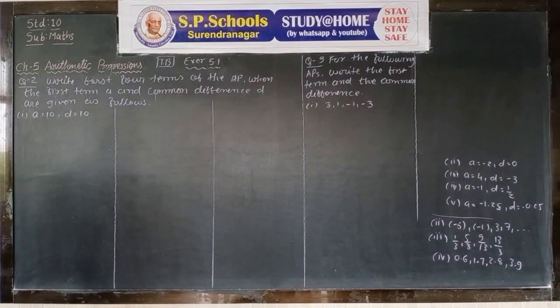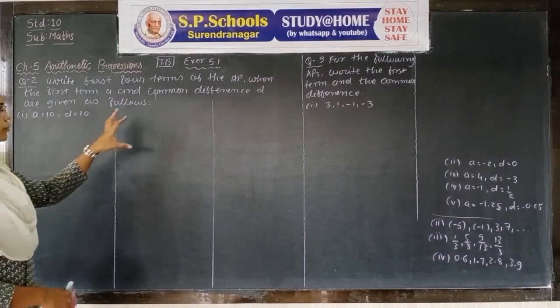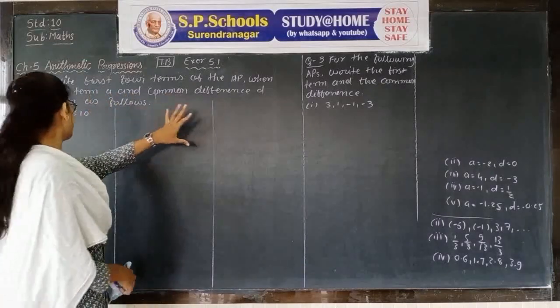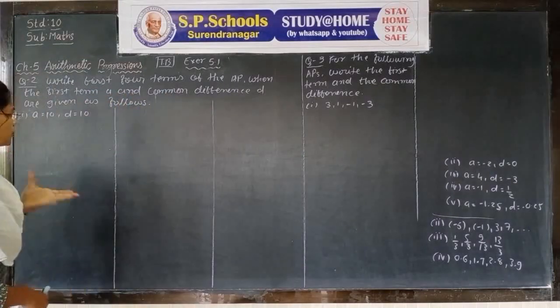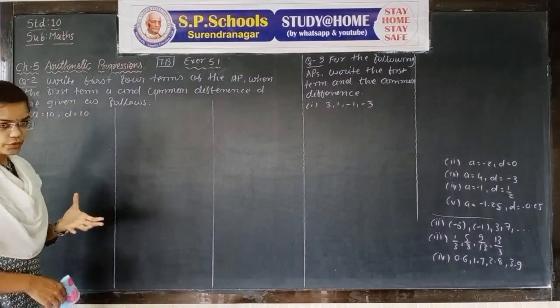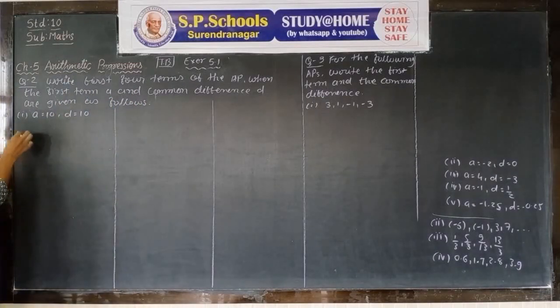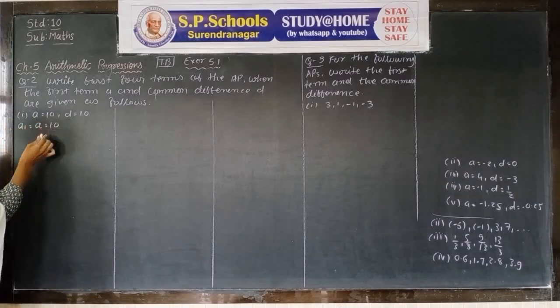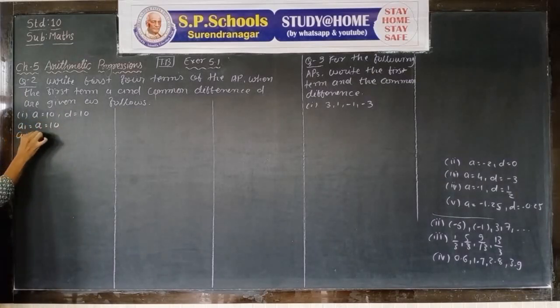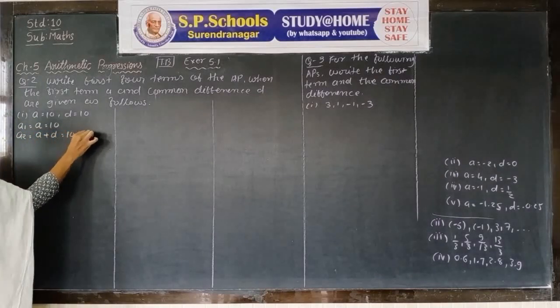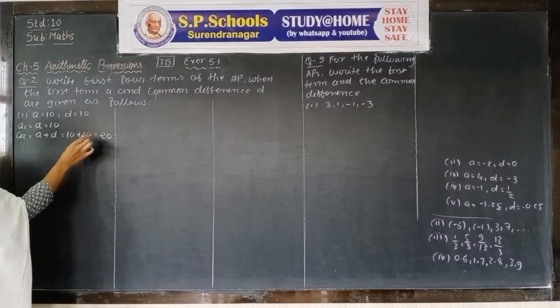The second is most easy. Write the first 4 terms of the AP when the first term A and common difference D are given as follows. We need to find the first 4 terms of an AP. The first term A1 is equal to A, which is 10. The second term A2 is obtained by A plus D, where A is 10 and D is also 10. 10 plus 10 is 20.